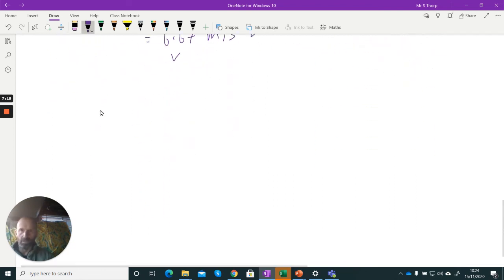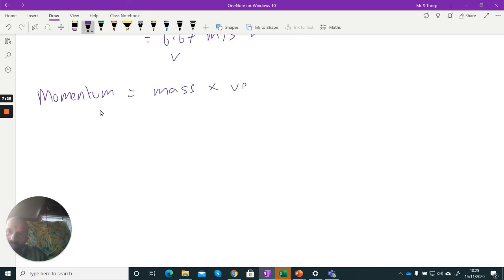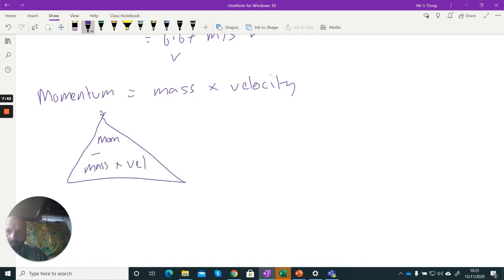Now we've got an equation for momentum. Momentum is equal to mass times velocity. So we've got a triangle. Again, you don't need to know the symbols for these. So I'm just going to call it mum equals mass times velocity.